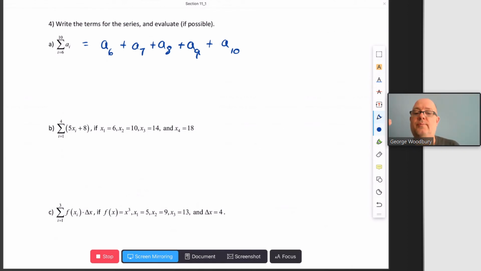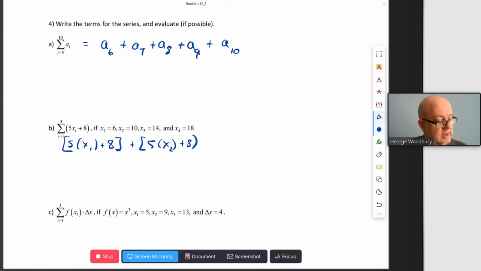For the next one, we're told that x sub i is different for i equals 1, 2, 3, or 4. So the first term is going to be 5 times x sub 1 plus 8. And then we've got 5 times x sub 2 plus 8 plus 5 times x sub 3 plus 8 plus 5 times x sub 4 plus 8.